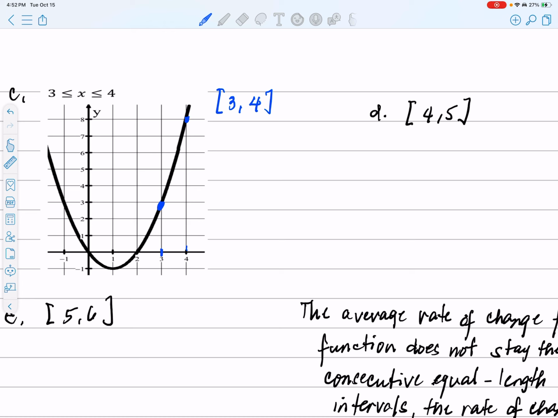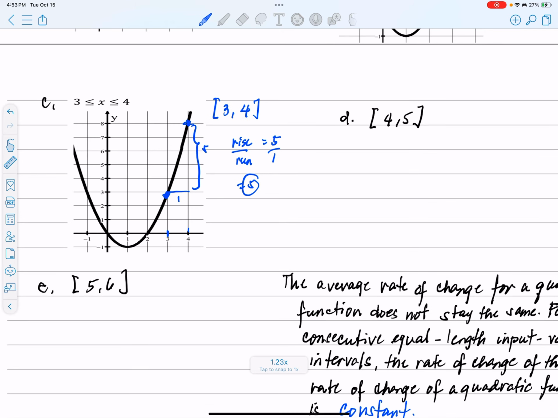From these 2 points, it ran 1. And how much did it rise? 1, 2, 3, 4, 5. Okay? So rise over run, 5 over 1 equals 5. That's the rate of change.